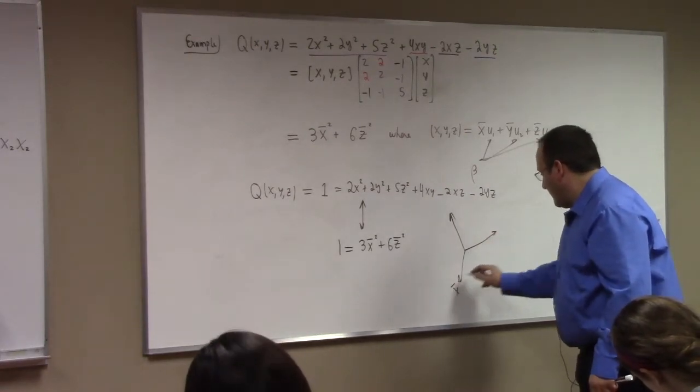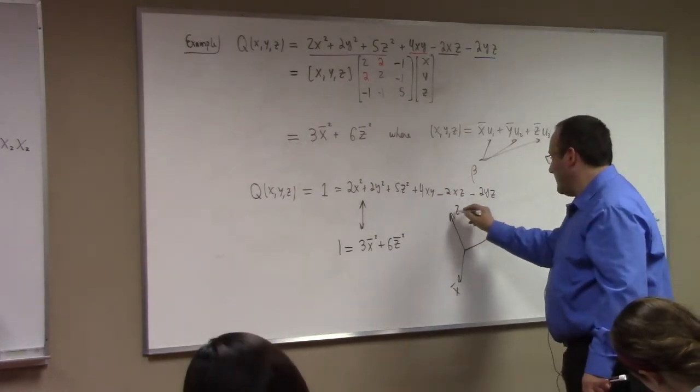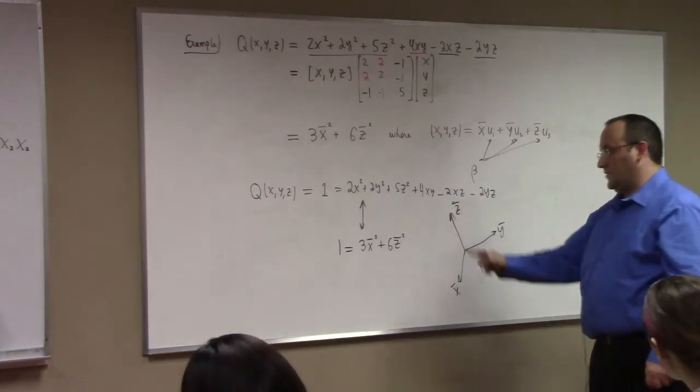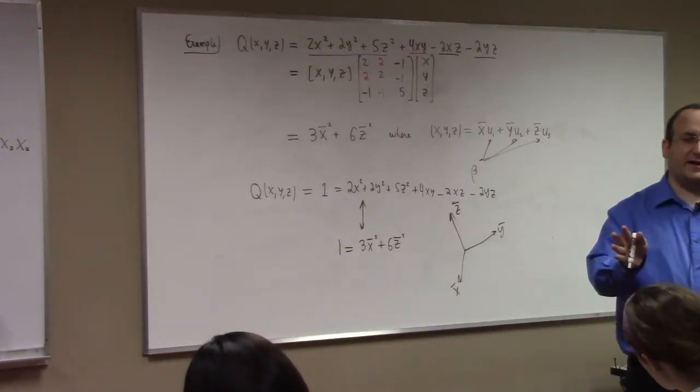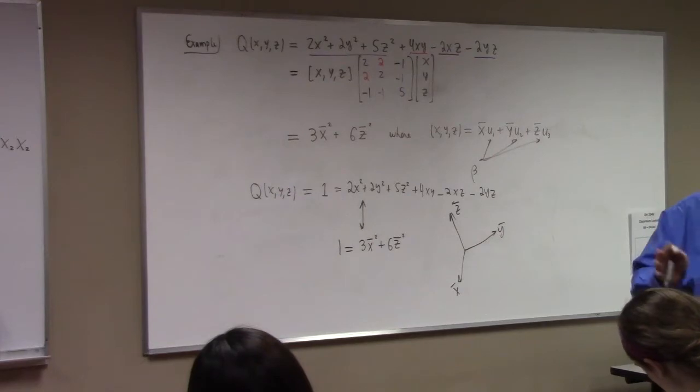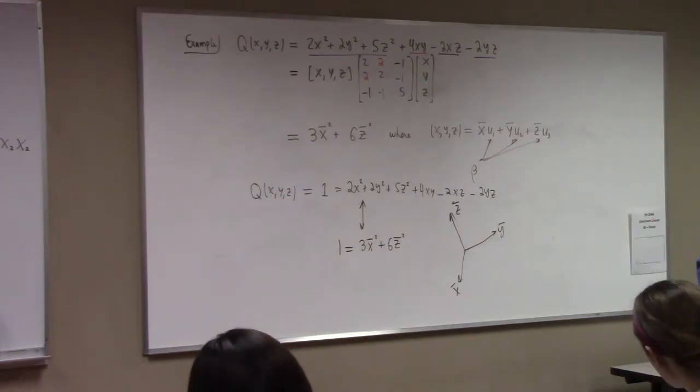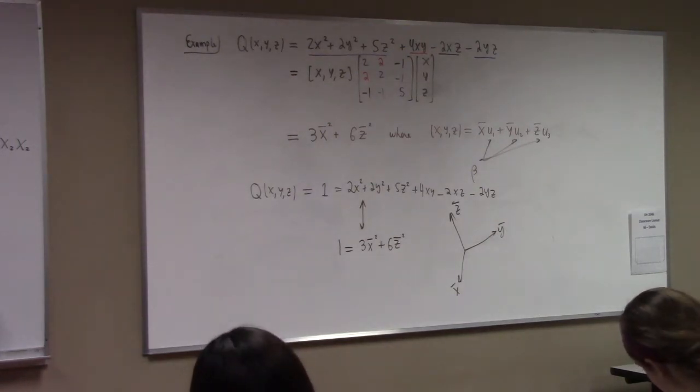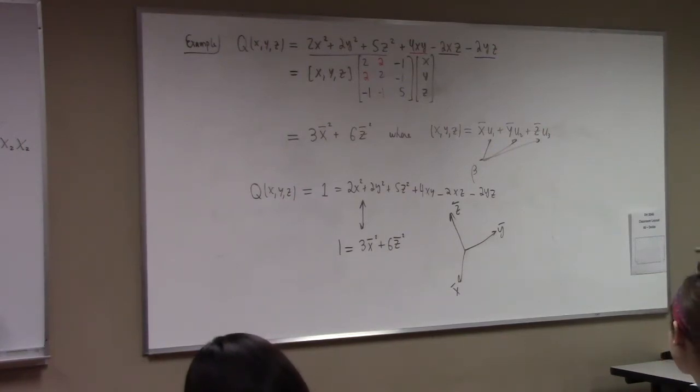Maybe this is your x bar, this is your y bar, this is your z bar. What is that? If you haven't studied calculus 3 and you don't know what that is, no shame. If you studied calculus 3 and you can't tell me what 1 equals 3x squared plus 6z squared is, a small but non-negligible amount of shame.